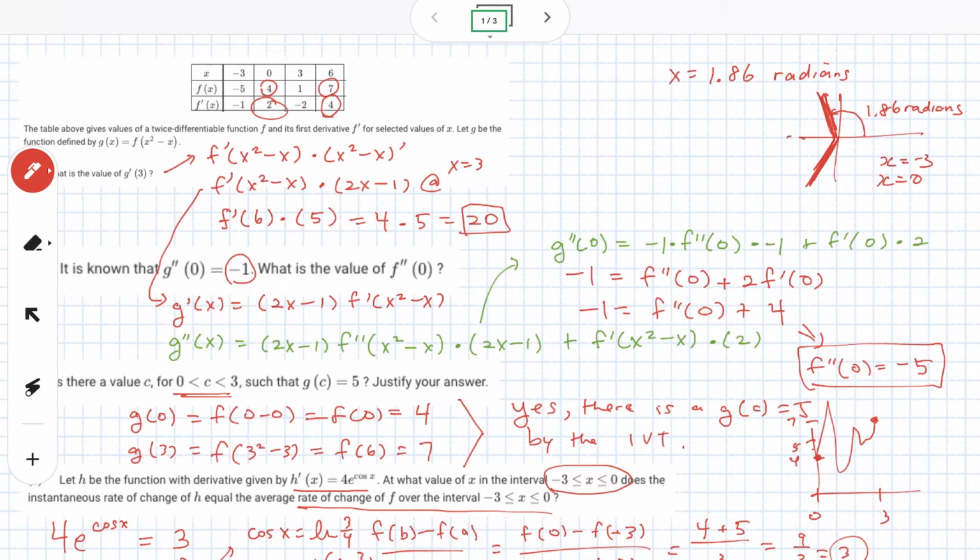And this is a little trickier than I wanted it to be, but I know that from 0 to -3, this is -3.14, and this is 0. And so this right here is 1.86. So x equals -1.86 radians.